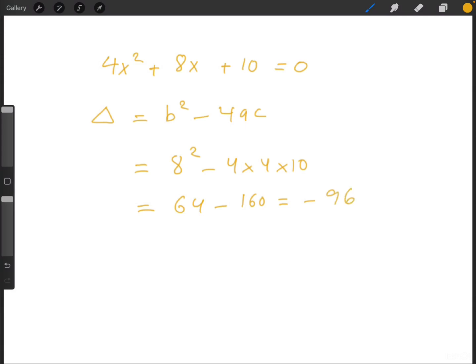So delta equals negative 96, which is smaller than 0. So the quadratic equation has no solution, and in this case we cannot factor 4x squared plus 8x plus 10.